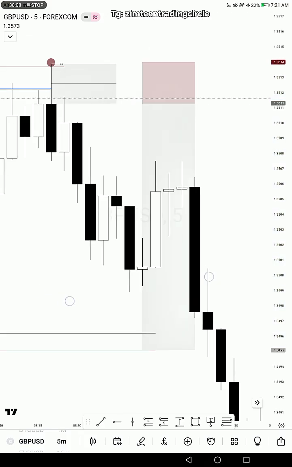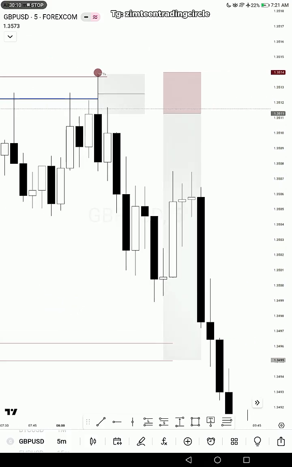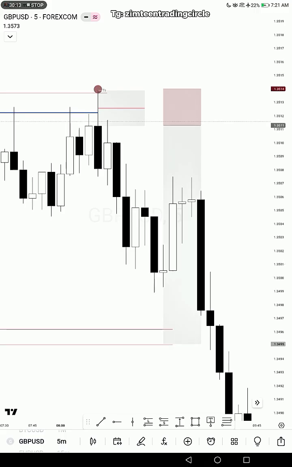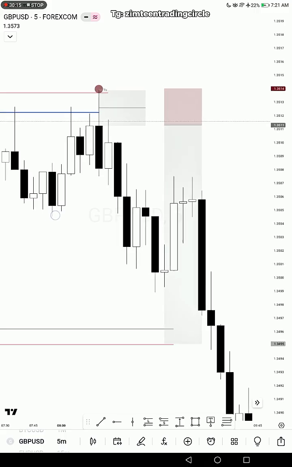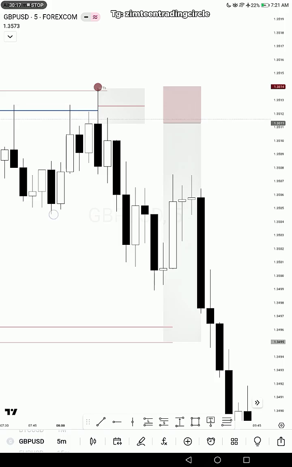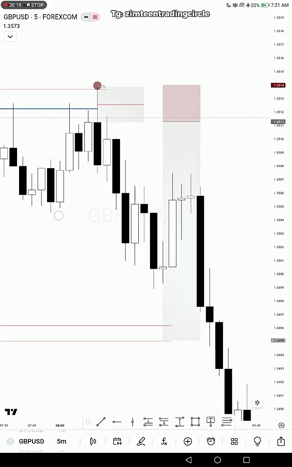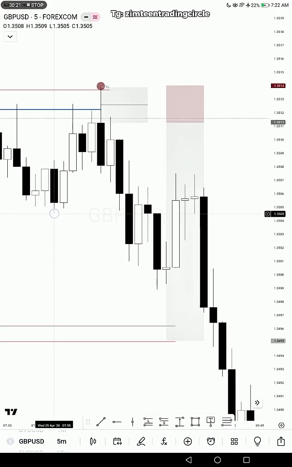Now I've broken down Wednesday's price action, and right here, yes, there is a breaker block entry which I wouldn't talk about, a breaker block entry which was retraced, and the high of our breaker block wasn't actually tapped right here.